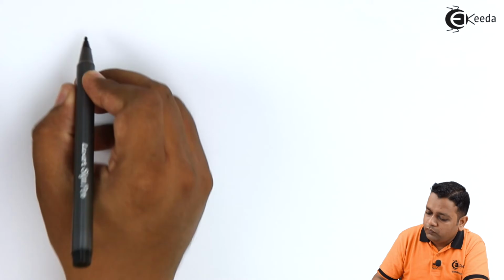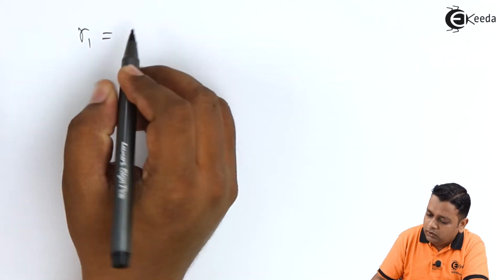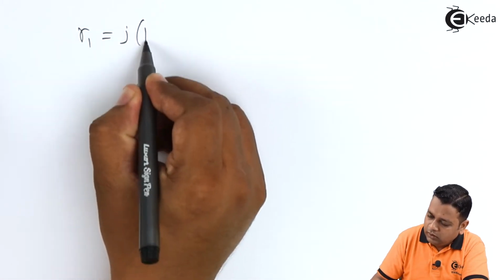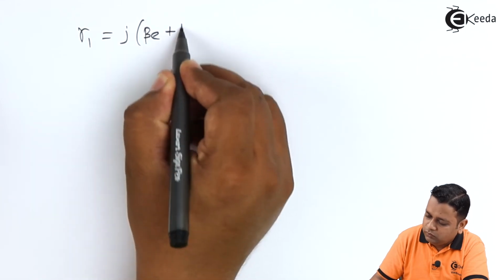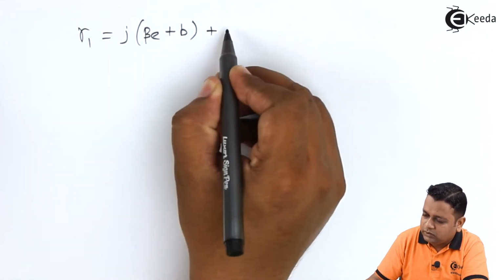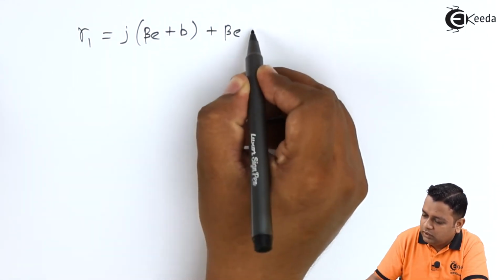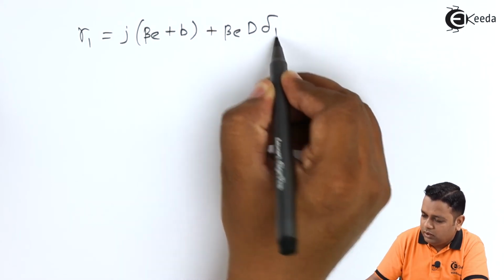Now in this situation, reducing the number of waves to 2, we can give two equations corresponding to two propagation constants. The equations will be gamma 1 equal to j times beta suffix e plus small b, plus the second term, beta suffix e capital D into del 1.